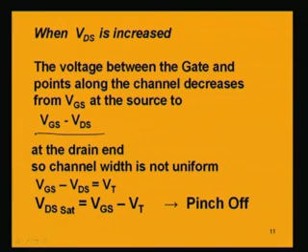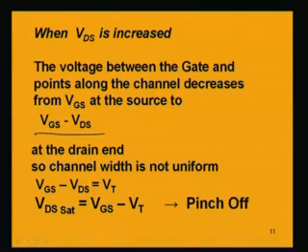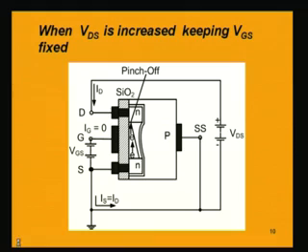The voltage between the gate and the point along the channel decreases from VGS, which is the voltage when the point is on the source, and then if we go upward towards the drain, the voltage will be VGS minus VDS. If we reach the drain end, then the channel width between the drain and the source will not be the same, it will be varying.